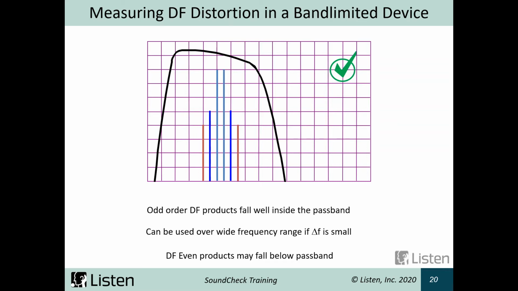But the even order products might fall below the passband. Those are fixed. There's no way you can change where those are without changing the difference between F1 and F2. So if your device doesn't play out in the low end, you might run into an issue there. But the odd order difference frequency products can really help testing in very narrow band limited devices.